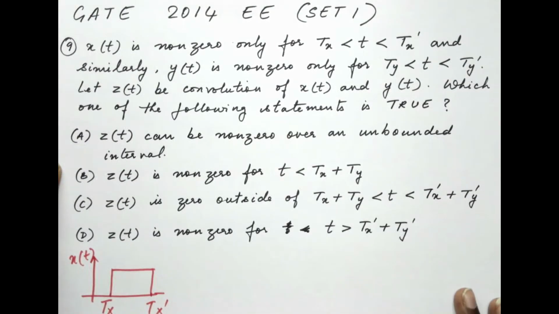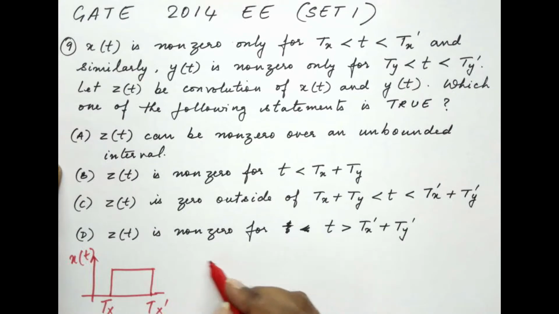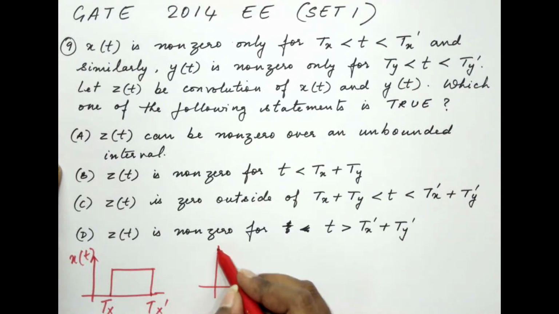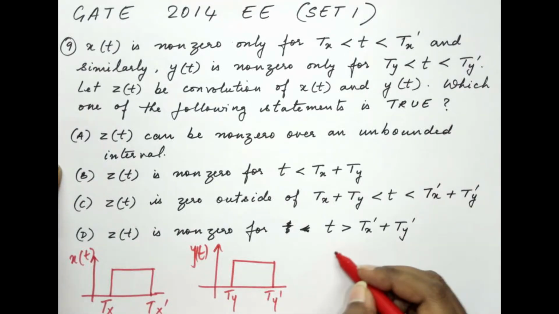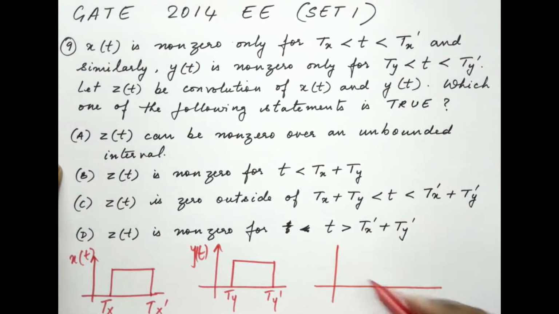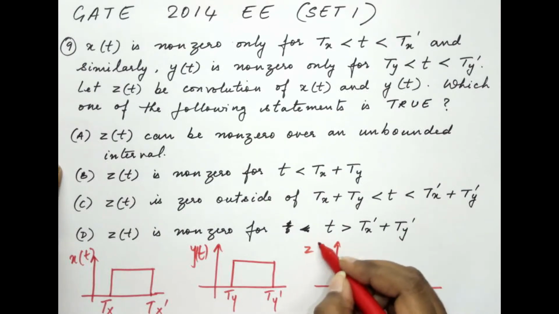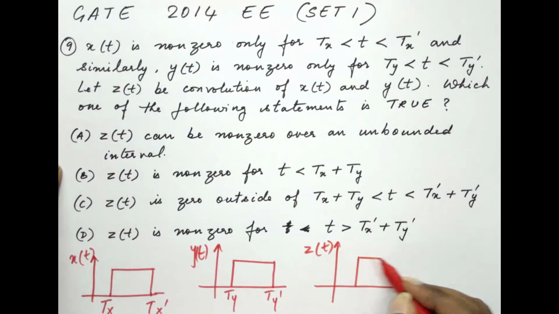Similarly, we can write down the graph for y of t. The function is non-zero at ty and ty dash. We will have to find the upper bound and lower bound values for z of t. In this case, it is the overlap or the convolution of the 2 functions x of t and y of t to give us z of t.